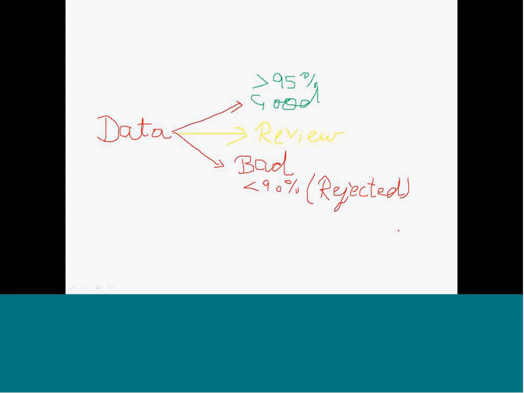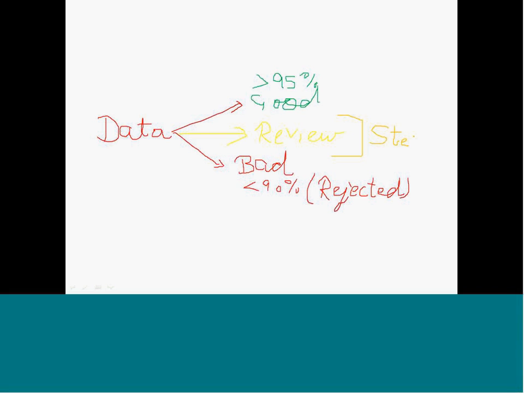You have an opportunity of a review over here. So what we will do is send this record for a review. We are not simply rejecting this record. We have a record as a good record, a record as a bad record, and in between we are going to send this record for review. The review will be done by a data steward.